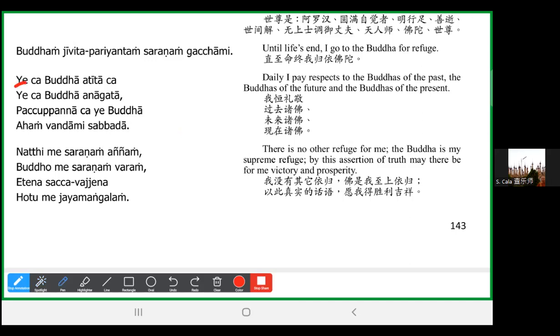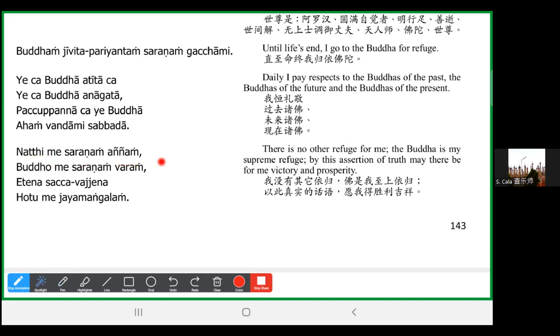Ye is one sound, cha is another sound, Bud is another sound, dha. So atita cha. All right. Ye cha Buddha atita cha, ye cha Buddha anagata, paccuppanna cha ye Buddha, aham vandami sabbada. So it's very nice because it's written in a poem style. Okay. So if no question, we continue.